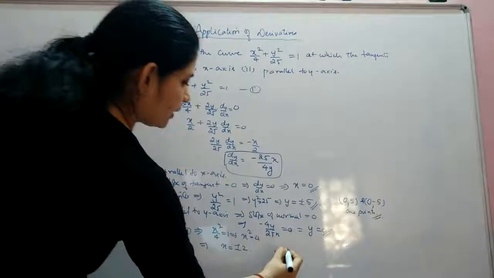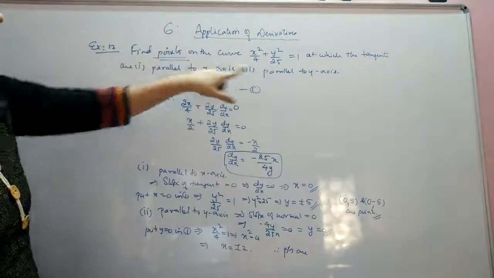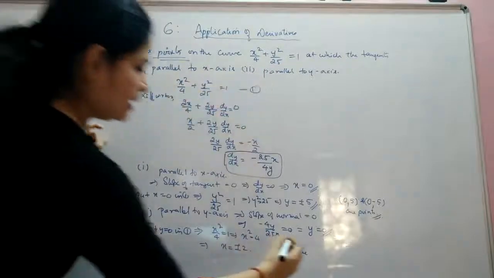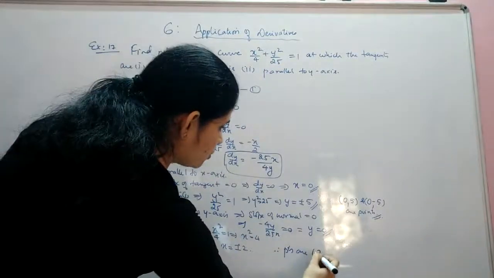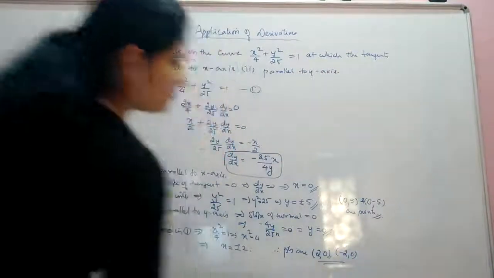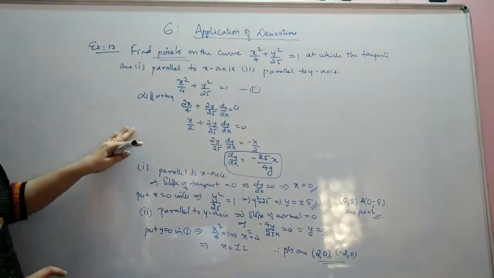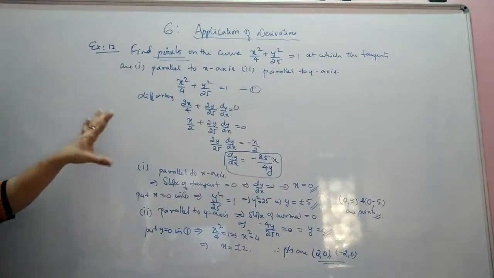So what will be the points? Therefore, the points at which the tangent is parallel to y-axis will be x is 2, y is 0, x is minus 2, y is 0. So the points are 2, 0 and minus 2, 0. Is this clear? This is okay?